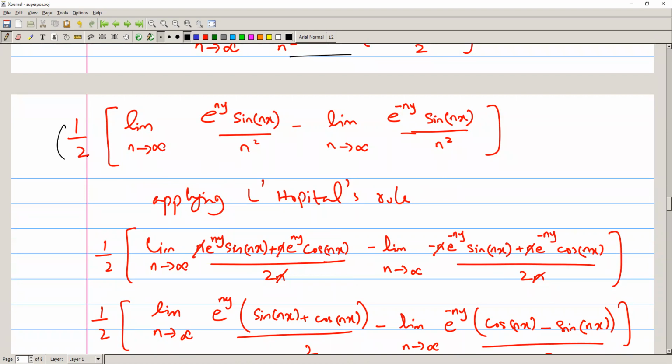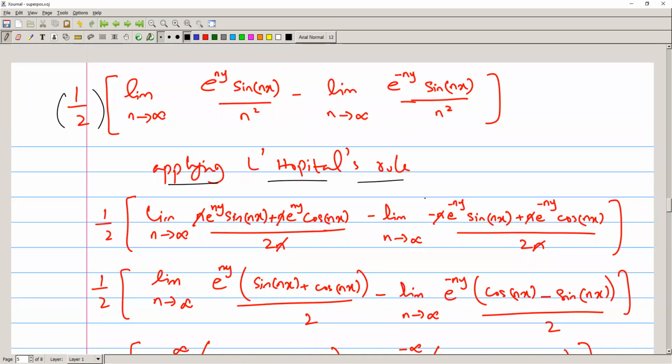So 1 over 2 is common, we can take it outside of the bracket, and now we'll apply L'Hopital's rule. You know L'Hopital's rule, what we are doing is differentiating the numerator and the denominator, right? So when we differentiate this function, we will get n times e to the power ny sine nx plus n e to the power ny cos nx, right?